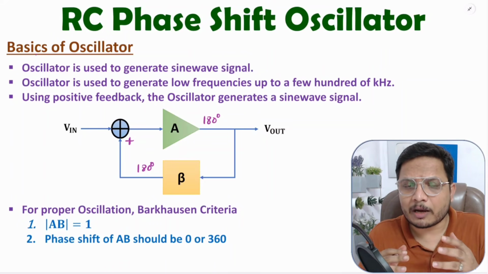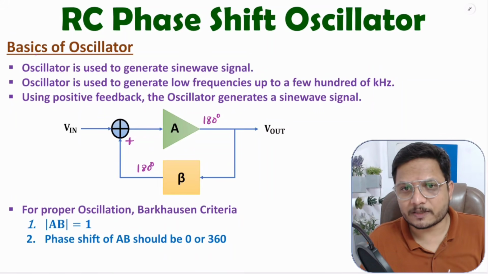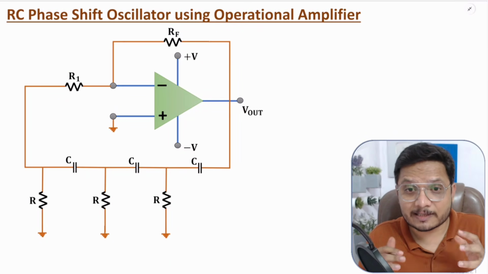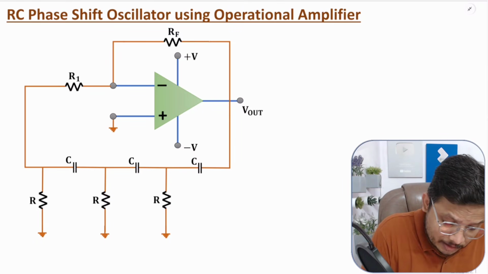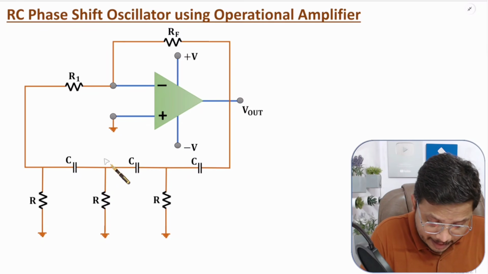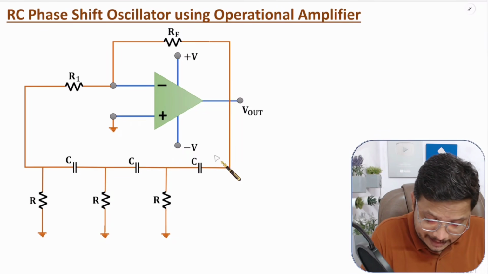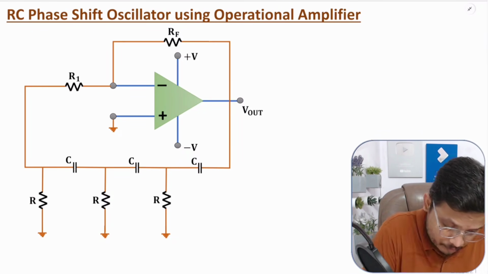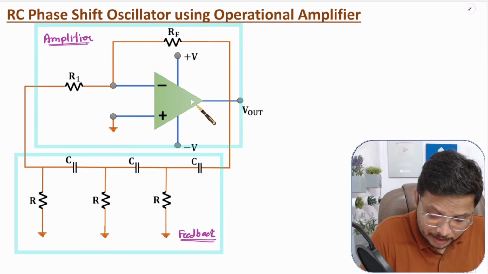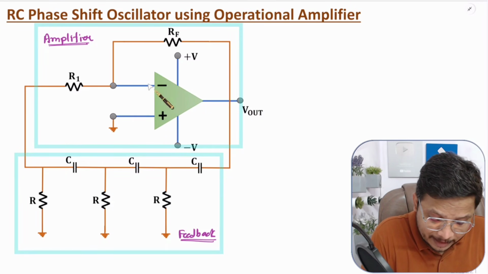Now I'll explain how one can have oscillation using RC phase shift oscillator. Here you can observe the basic circuit diagram of RC phase shift oscillator using operational amplifier, in which this much portion of the circuit belongs to the amplifier using OpAmp and this much portion of the circuit is there because of feedback. If you observe the amplifier portion, we are using the OpAmp in inverting mode.